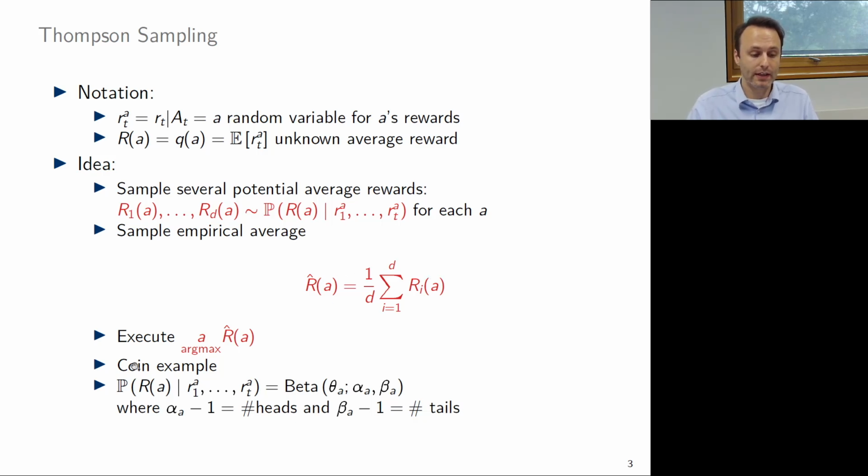For this we can specify the distribution as a beta distribution. The beta distribution has parameters theta, which is the average reward, and alpha and beta. Alpha minus 1 is the number of heads, and beta minus 1 is the number of tails. But we will see that in an example in a second.